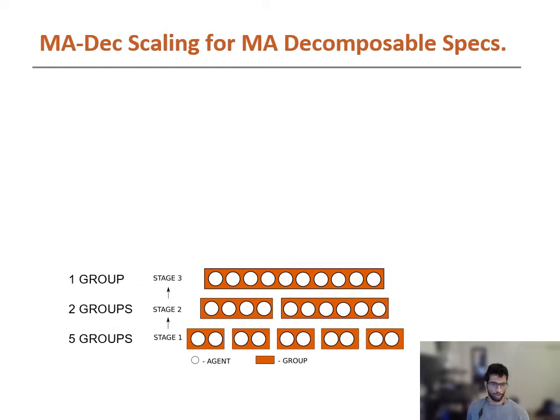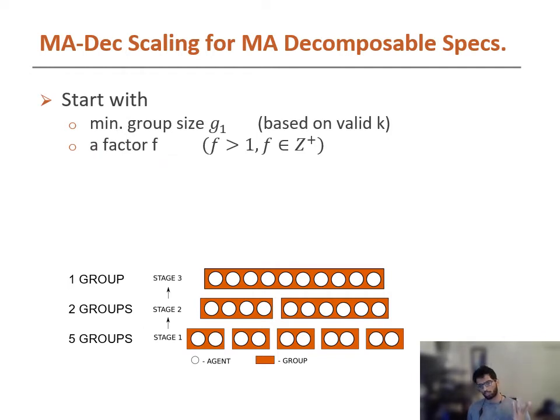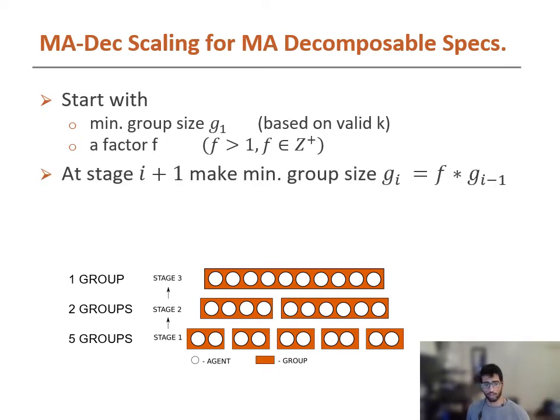And using this property, you can make a scaling procedure, which sort of makes training easier. You can start with this minimum group size based on this K value and a factor by which we increase the group size. At each stage, we multiply this group size by this factor to slowly increase the difficulty of the problem, from an easier problem where there are fewer agents to a harder problem.